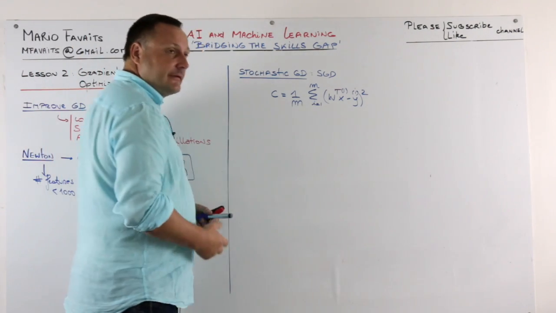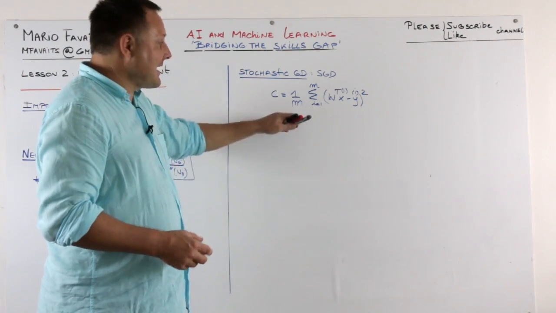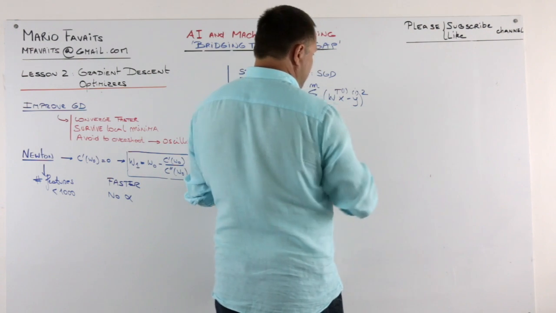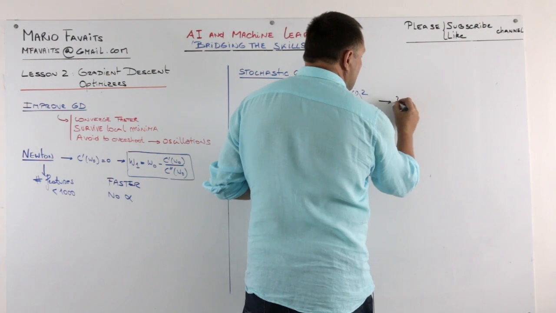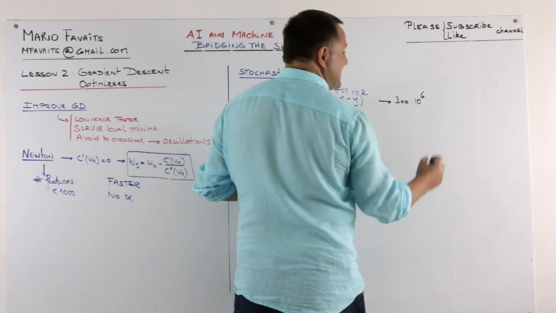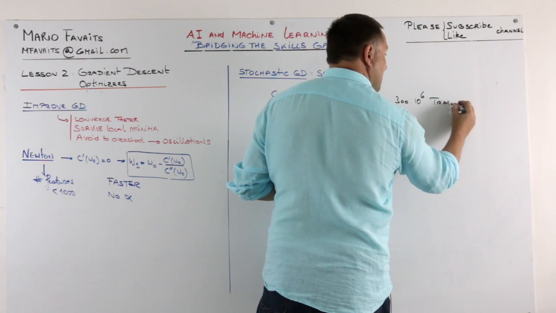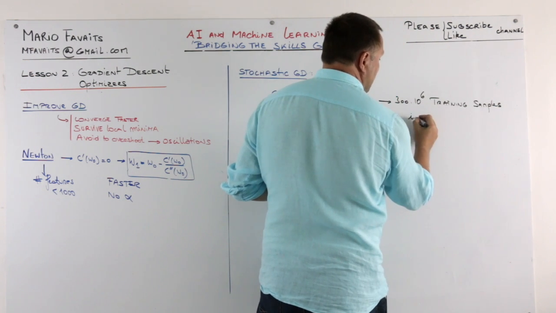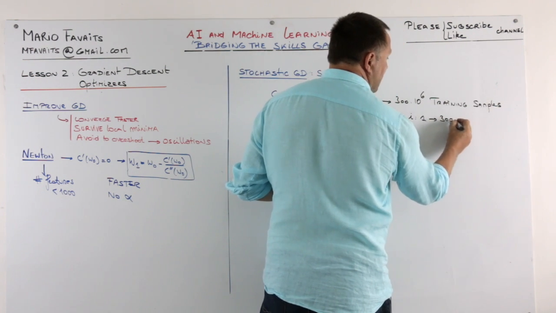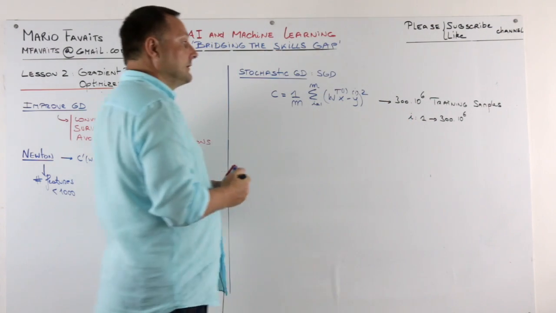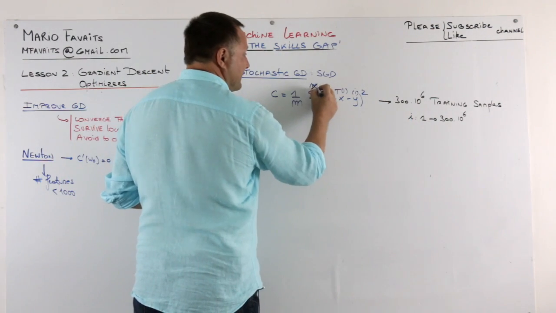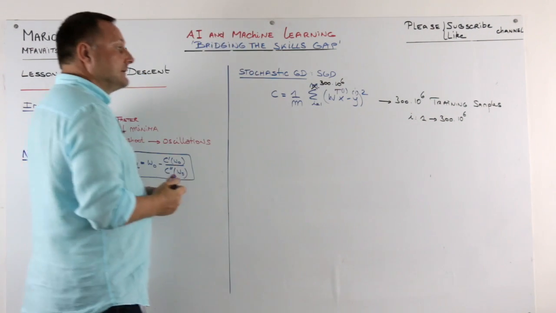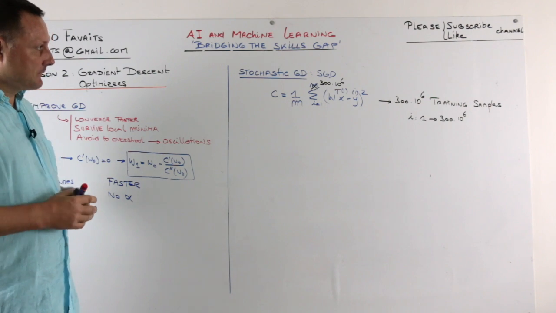And in our housing price exercise, m was 6. 6 is peanuts. But imagine that you have 300 million training samples. That means i goes from 1 to 300 million. So this m here is 300 million, and it's quite heavy to calculate.